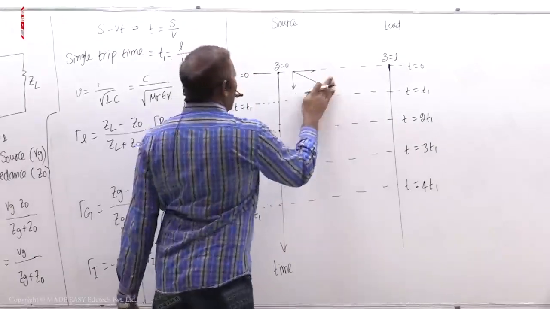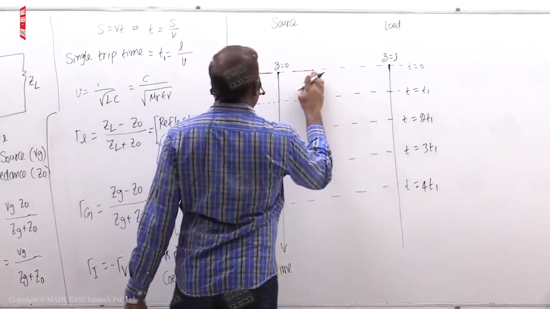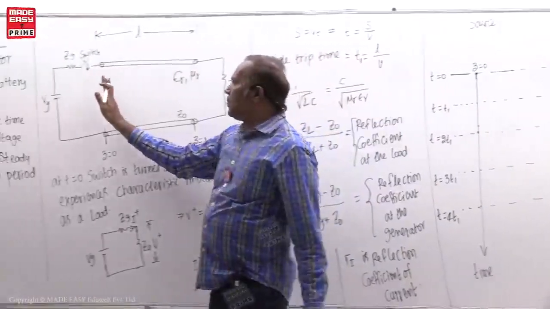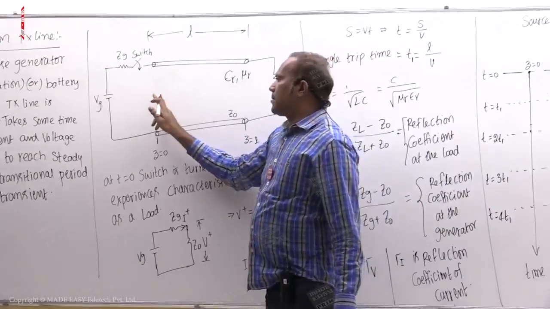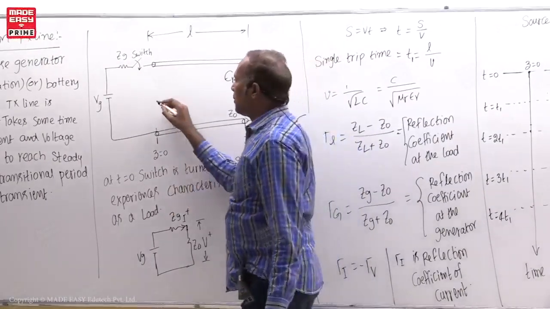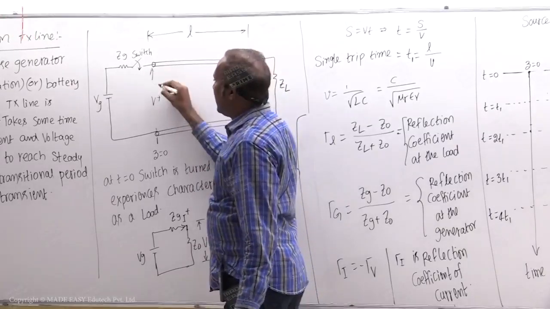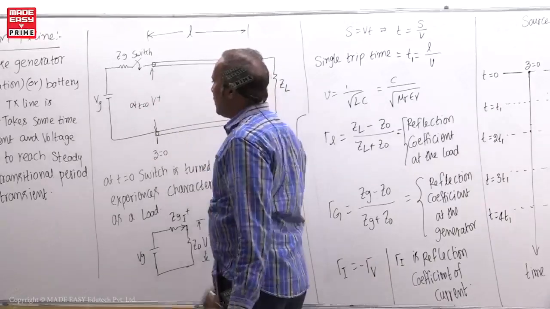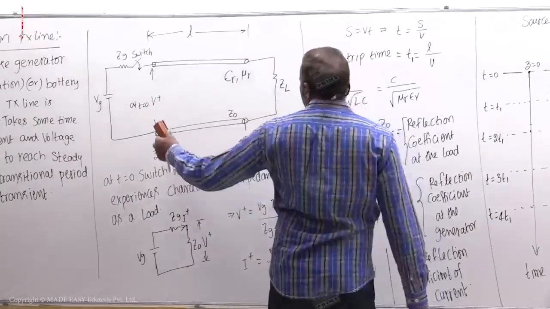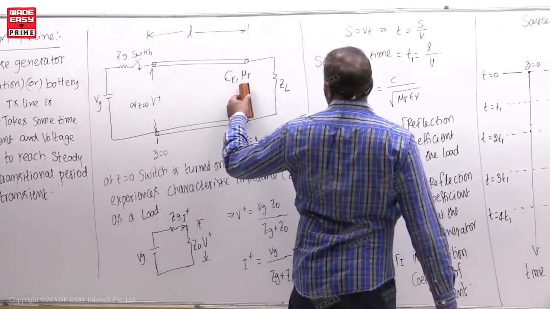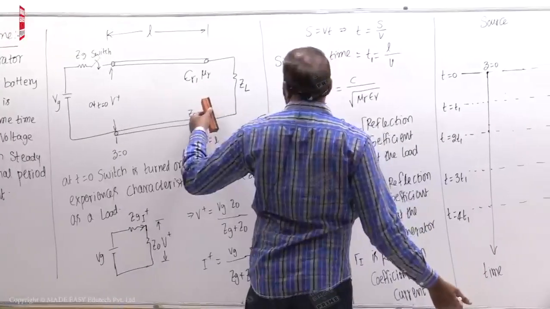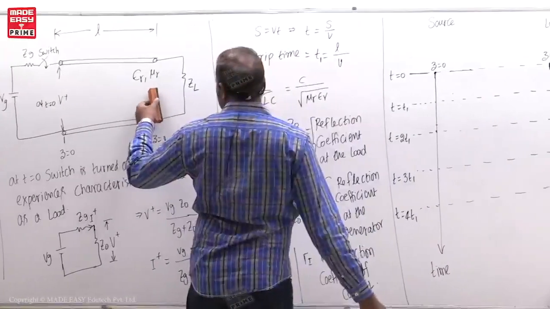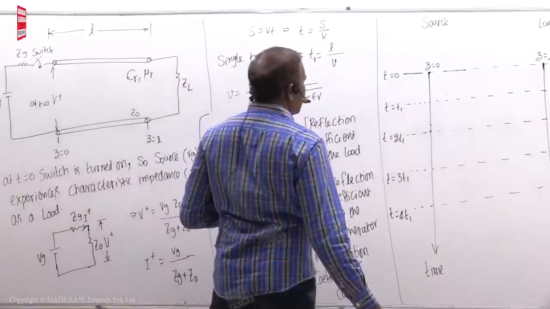That is the meaning. Now you tell me, at t is equal to 0, the voltage is V plus. Then how much time does it take to reach the load? Answer: t1 time. Then in t1 time, how much distance did it travel? L distance.